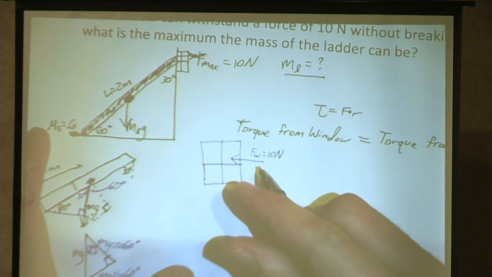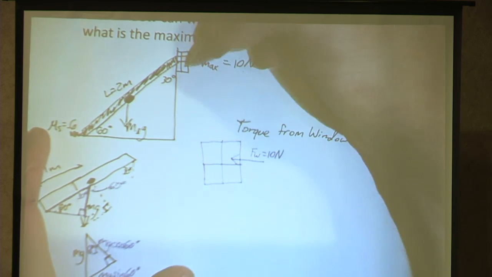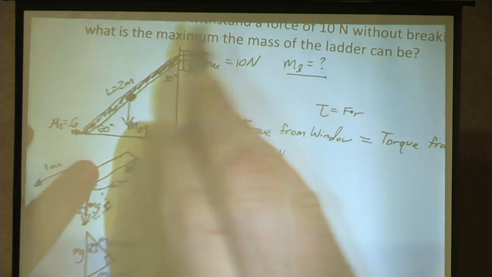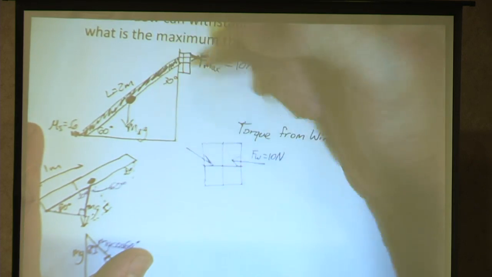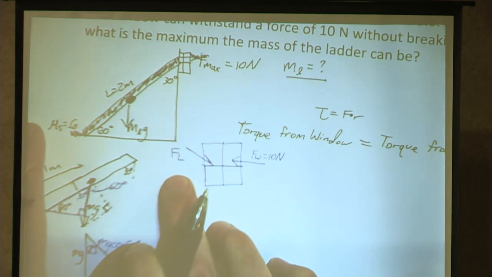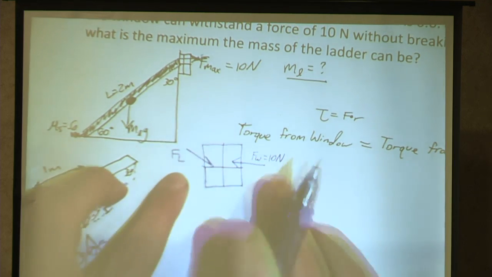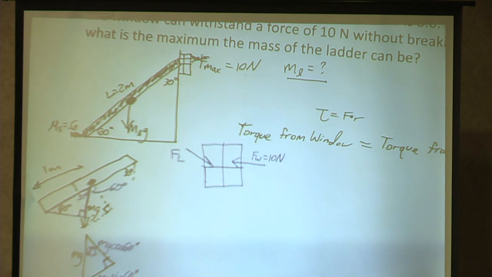Okay. What else do we have? We have the force of the ladder. That ladder from up here is kind of leaning down on that window. So I'm just going to point in some generic direction, and that's the force of the ladder. So these are the main things acting on this window. These are the two things that are making a torque on this window. All right.